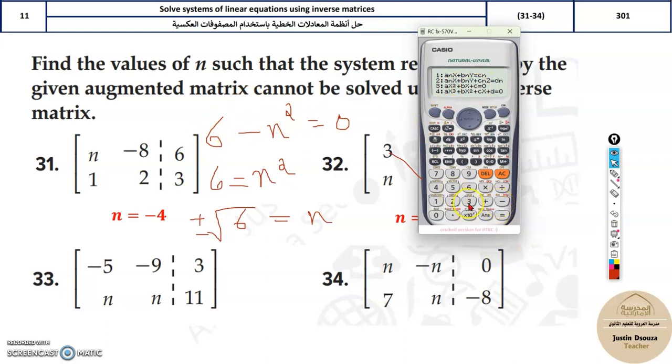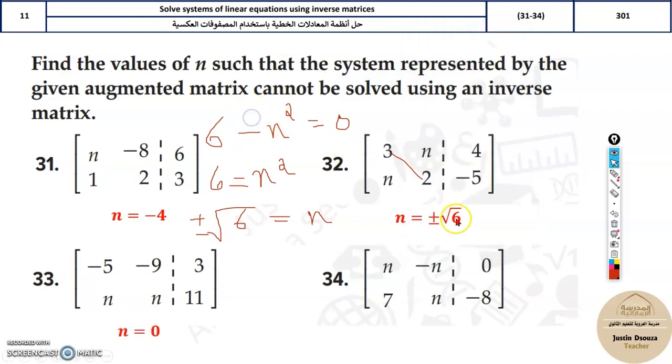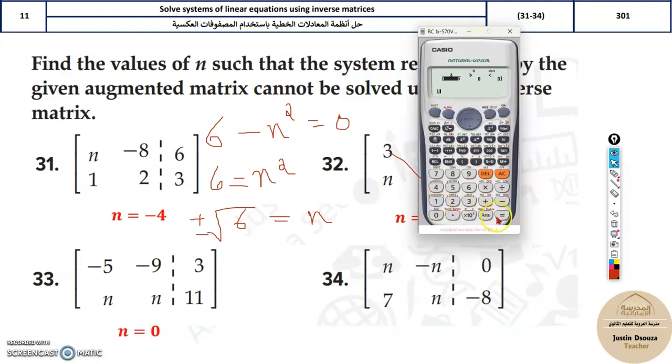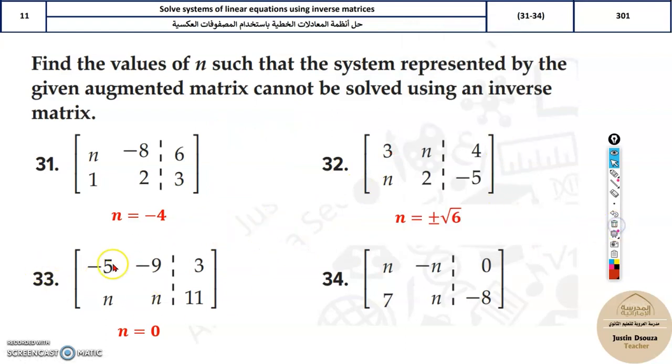Before this, it's 1. Sorry, it's negative 1 because there's nothing. Then there is no n term or x term, so it's 0. And lastly, we have 6. The answer would be square root 6 and negative square root 6. So those are the answers. Same way over here, you can try solving it. You will get the answer.